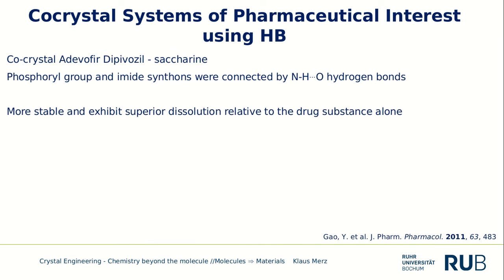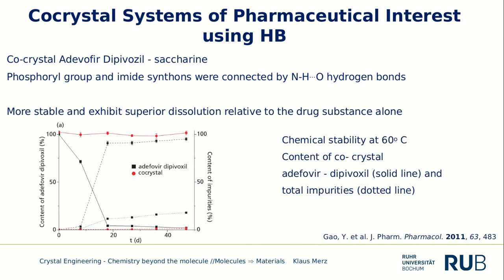Next property, have a look at the stability. What we have here, the red one, is once again our co-crystal, and the black one is the product. We have two pieces of information here, depending on the time axis.